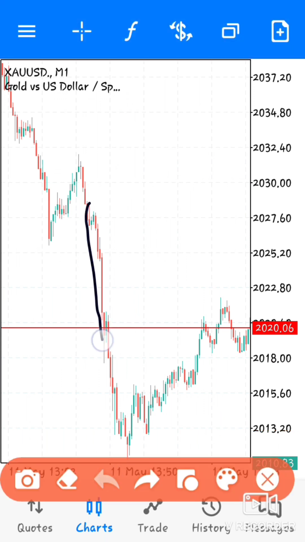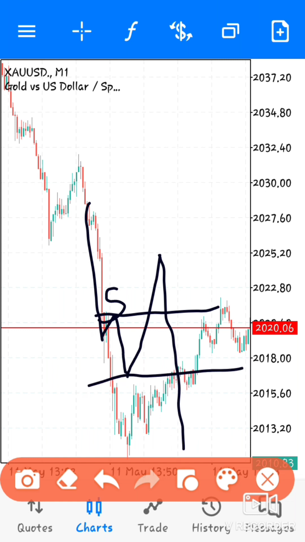You want to see price come down to your support level, pull up, and then all of a sudden you see price move up, take off this high, take off liquidity here from people that had entered for sell, then take off this liquidity here, come down again, take off this liquidity here again. All right, took off this liquidity here, and you see price pull up and break this zone.